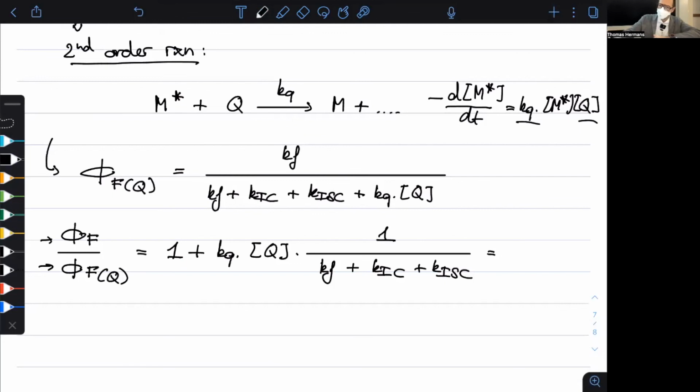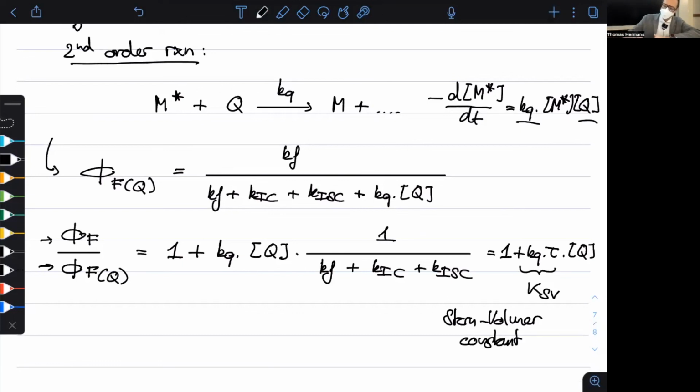And this whole thing is 1 plus kQ times tau times Q. And these two things together are called the Stern-Volmer constant.